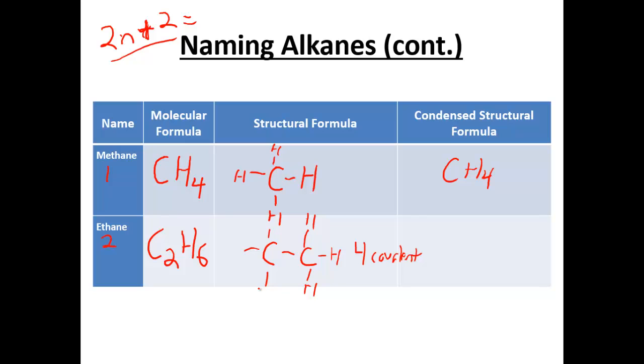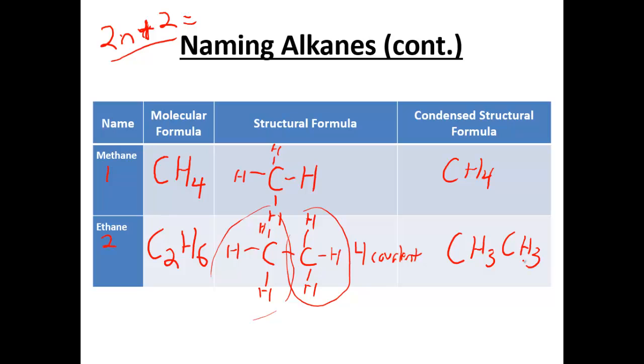So in any spot where there's not a carbon-carbon bond, we're going to fill that with hydrogen atoms. So there each has 4 covalent bonds. In our condensed structural formula, we have 1 carbon here that has 3 hydrogens, 1 carbon here that has 3 hydrogens. So CH3, CH3 would be what we're going to look at there.